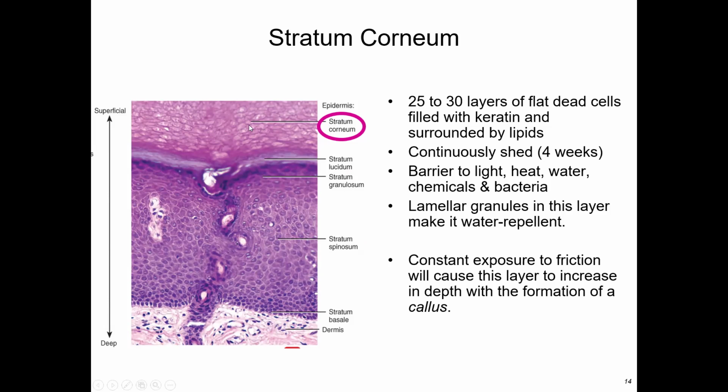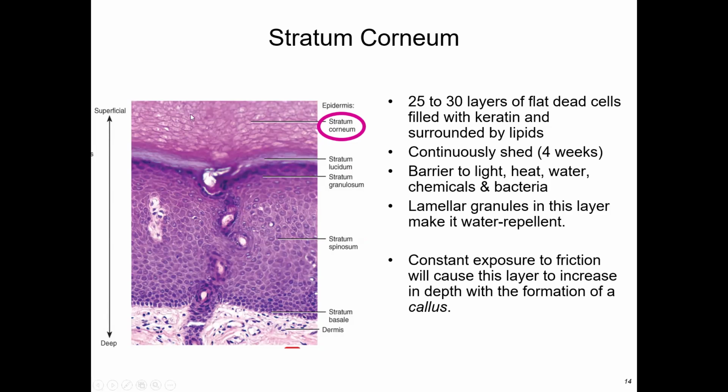And the stratum corneum is where this tremendous protective barrier function comes from. Stratum corneum is nearly impenetrable to bacteria, viruses, or fungi, and water-based harmful chemicals and toxins have a very difficult way of moving through the stratum corneum.